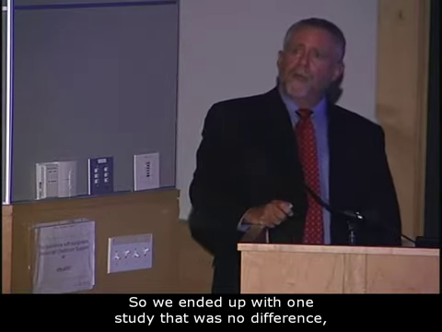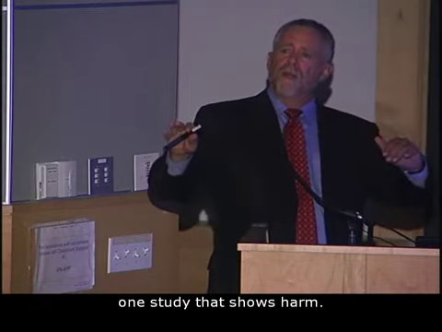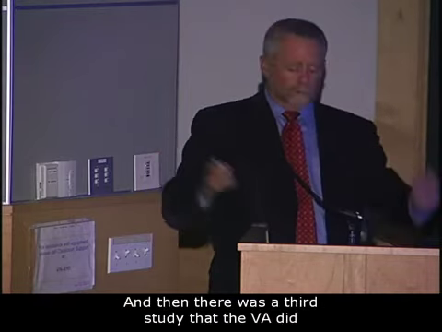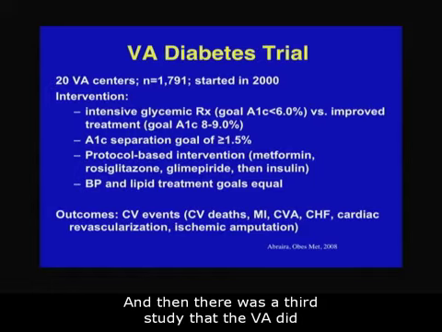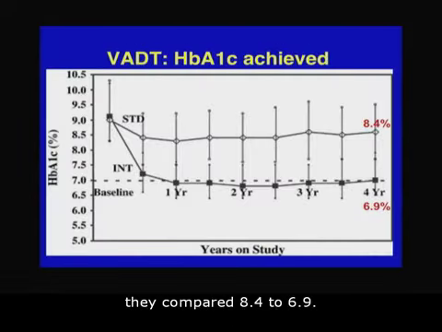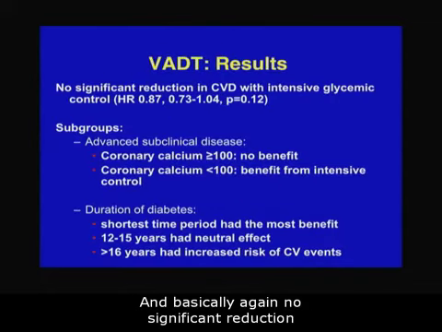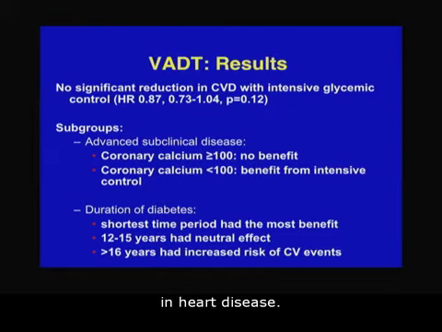So we ended up with 1 study that was no difference, 1 study that shows harm. And then there was a 3rd study that the VA did, which was basically the same idea. Again, they compared 8.4 to 6.9, and basically, again, no significant reduction in heart disease.